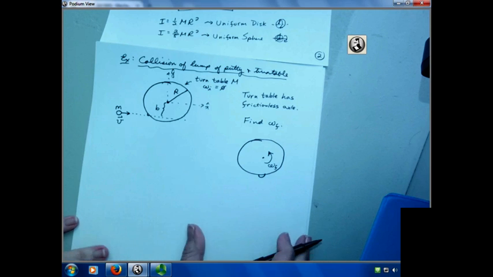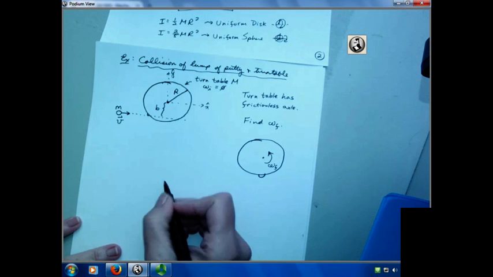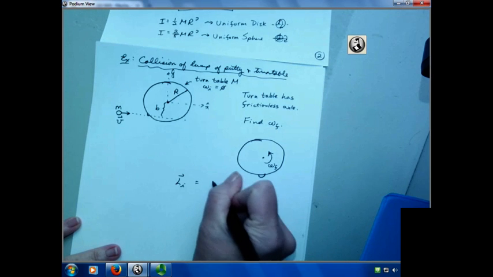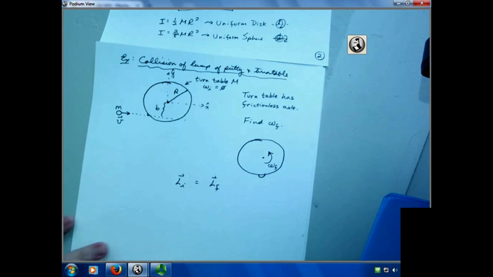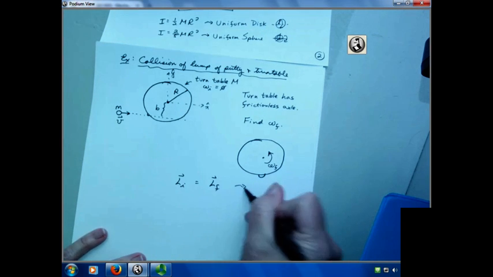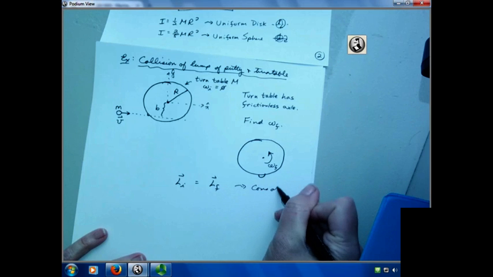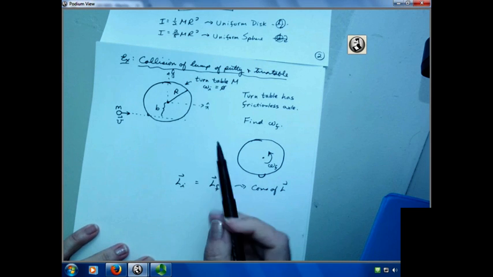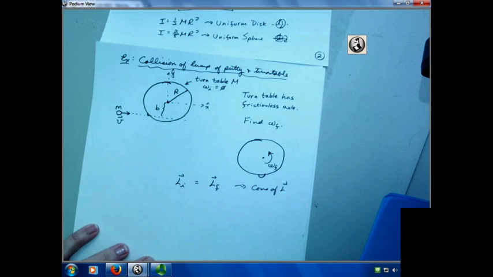So I'm going to go ahead and write, with these I sometimes write L initial equals L final, and I put the initial stuff in it. This is going to be conservation of angular momentum. But we need to think about how that could work. Is the angular momentum of the turntable conserved?